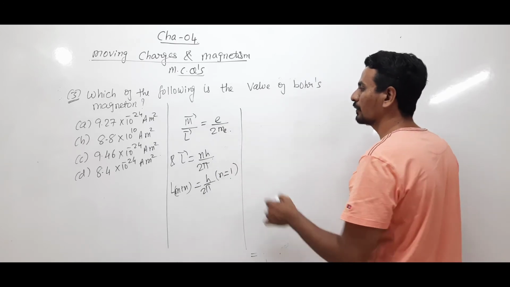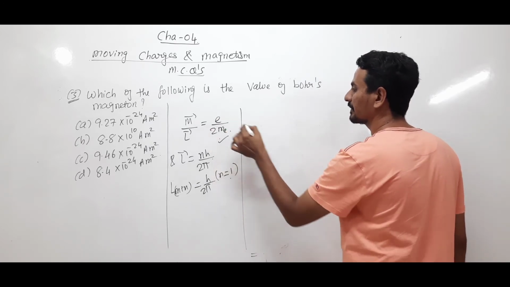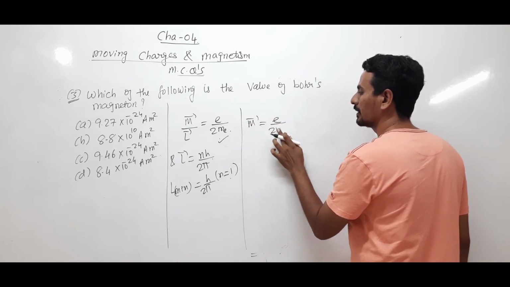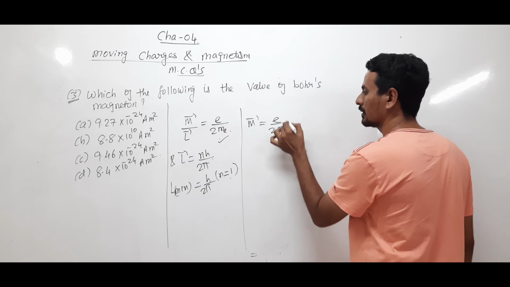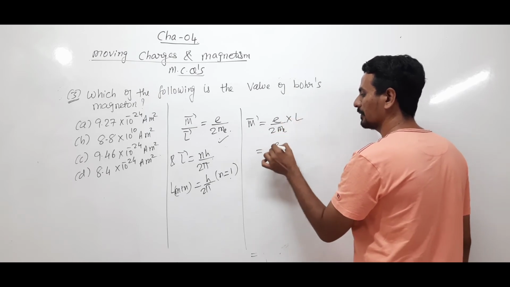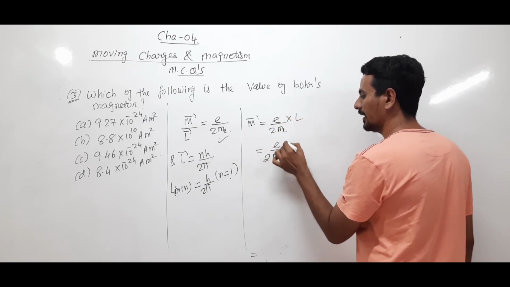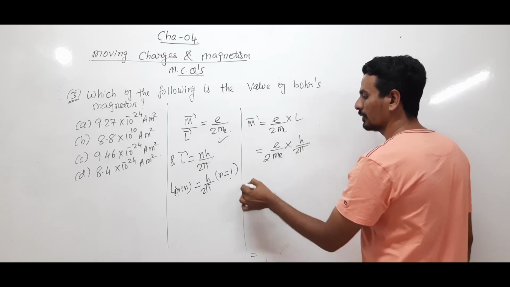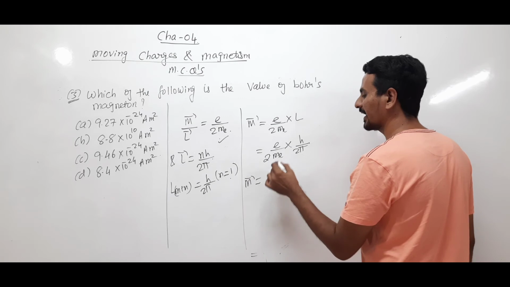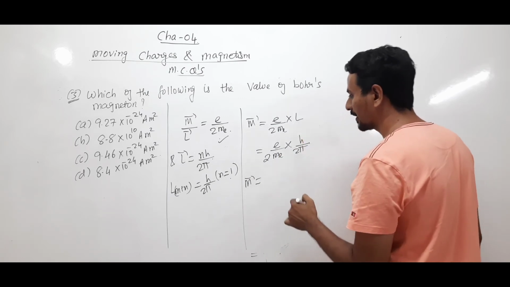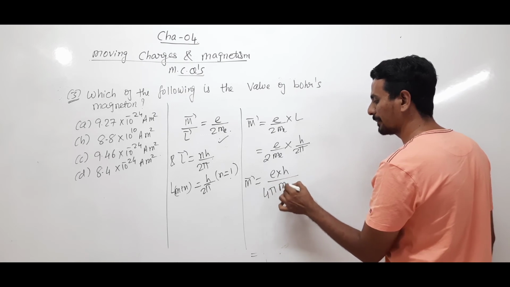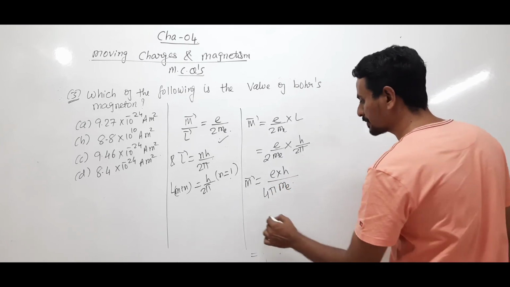Fine. So substitute in this equation, m will be equal to E by 2me into L. So this will be E by 2me into L, which is h by 2 pi. So Bohr's magneton will be E into h upon 4 pi into me, right? So substitute the values.